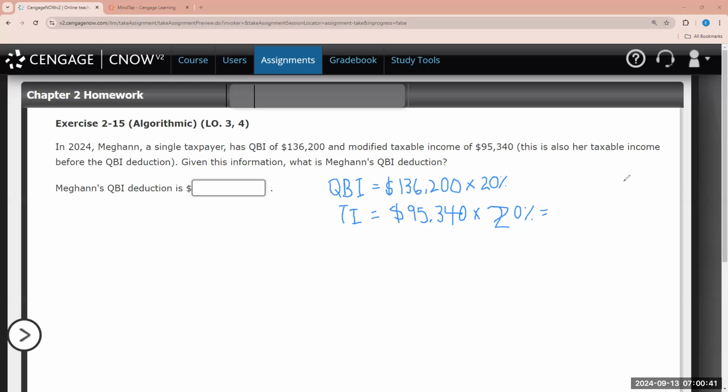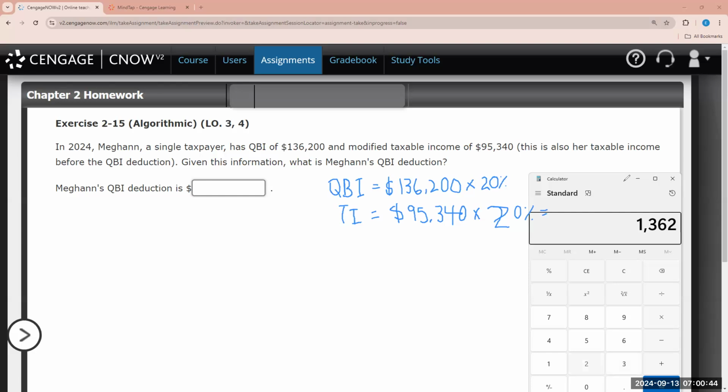So we have 136,200 multiplied by 20%, which would give us 27,240, versus 95,340 multiplied by 20%, which gives us 19,068.